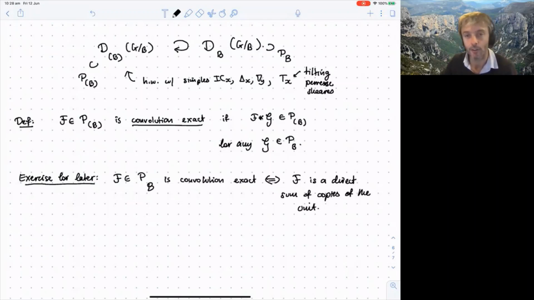Okay, so the unit is obviously convolution exact, and that's the only equivariant sheaf, up to taking sums, that is convolution exact here.